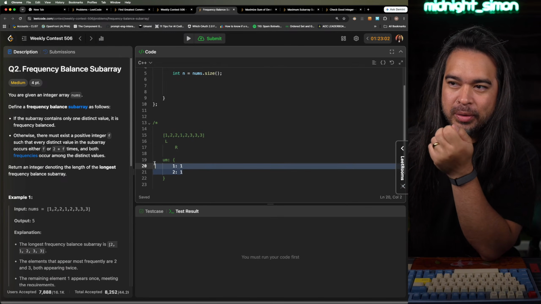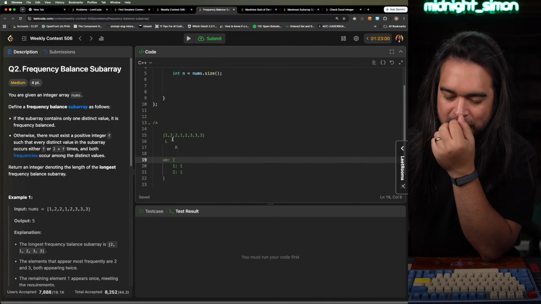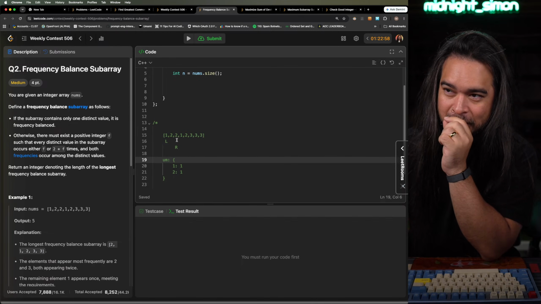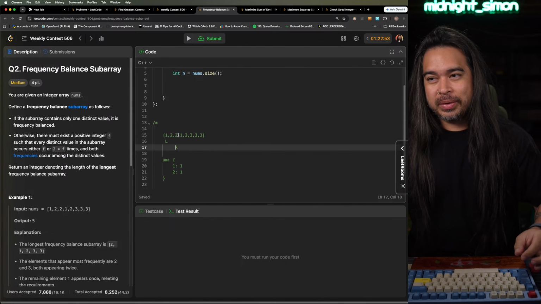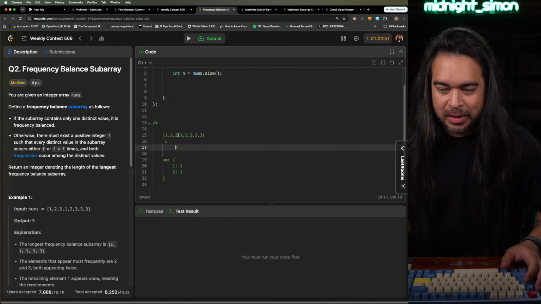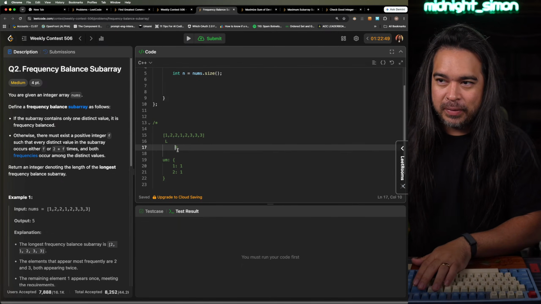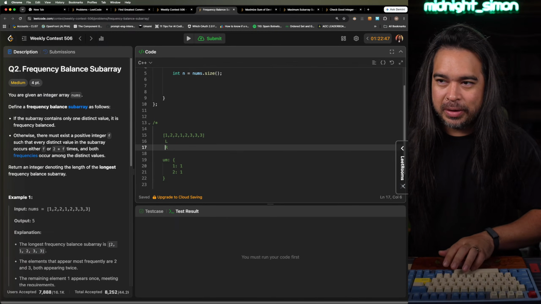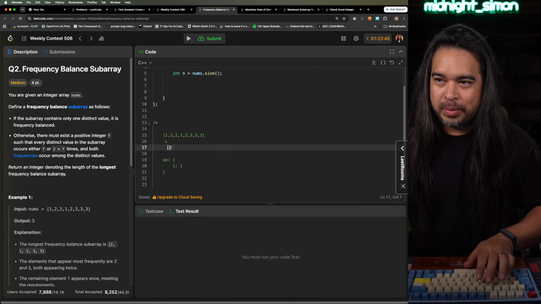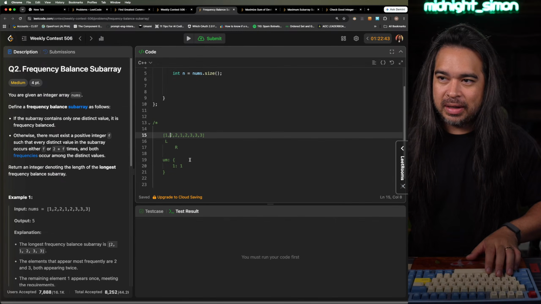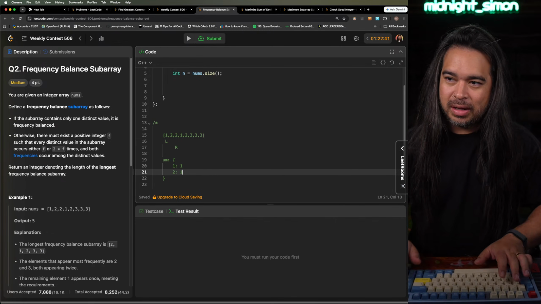So right now only one f occurs, so this is not balanced. So I don't know how to do sliding window there, because the previous one was balanced with only one, and then I grow the window, and I get the 2 in there, and now it's not balanced.